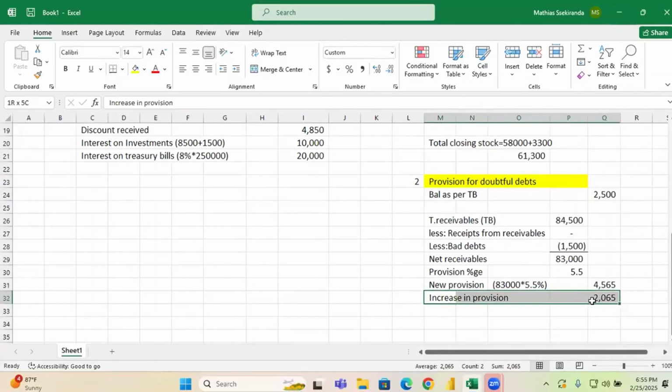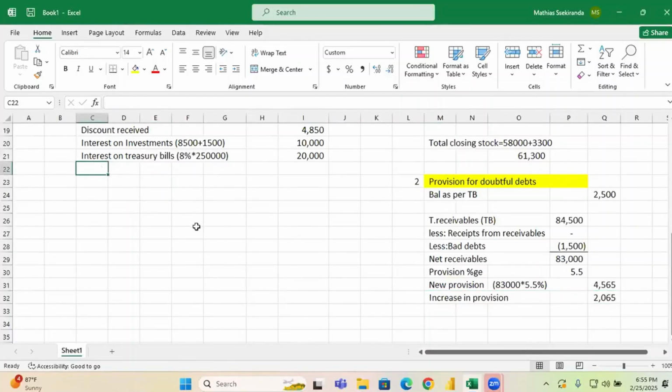Now, if there is an increase in provision, this increase is taken as an expense. If at all our new provision was lower than the 2,500 that was given, we would have gotten a decrease in provision, and that decrease would have been brought as an income.